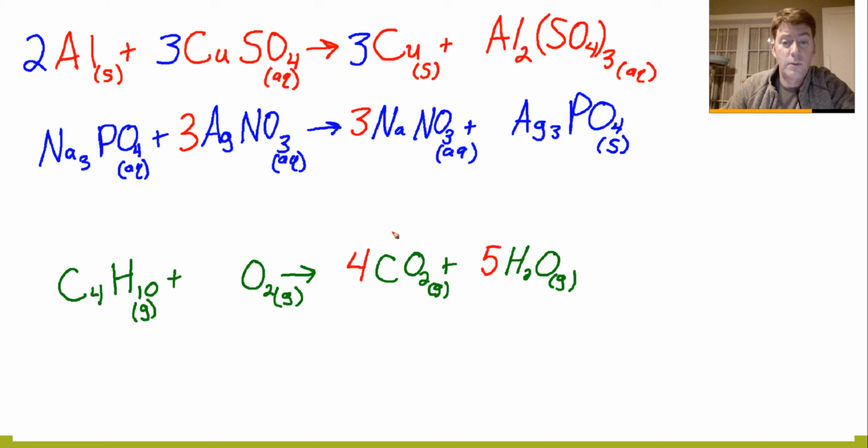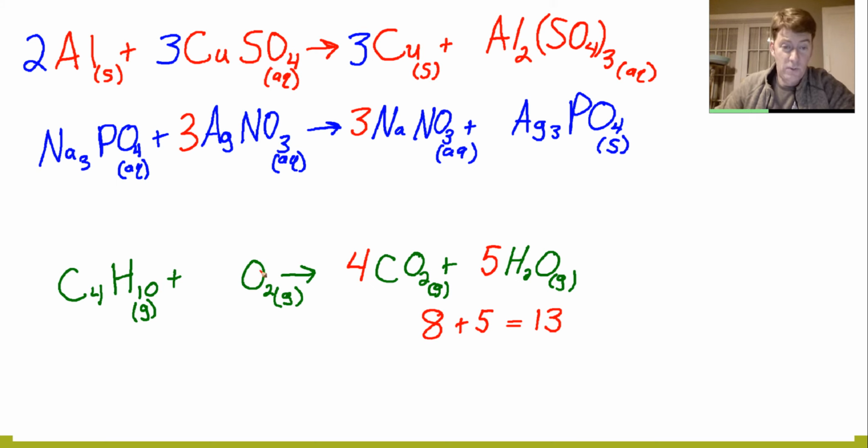So do the other ones, do the easy ones, and then save the oxygen for the end in this case. The one that's split up, save that to the end. So by having 4 carbon dioxides, each carbon dioxide has 2 oxygens, I'm going to make 8 oxygens from that. Here with the water, 5 waters, I get 5 more. That's a grand total of 13.